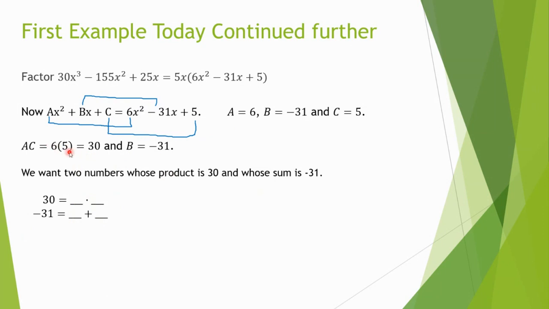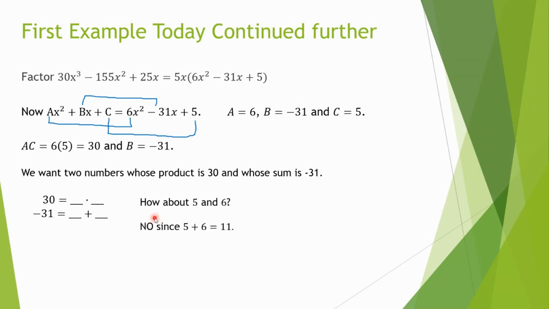Now, 5 and 6 alone, their product is 30, but they're not going to work. The sum of 5 and 6 is 11. It's not negative 31. So we can't use 5 and 6.